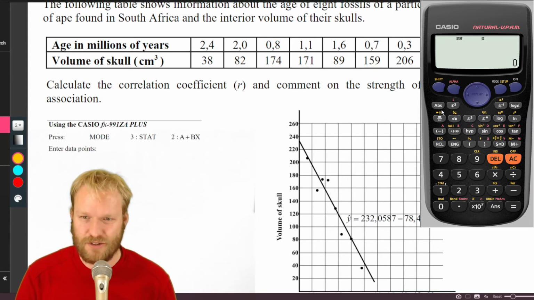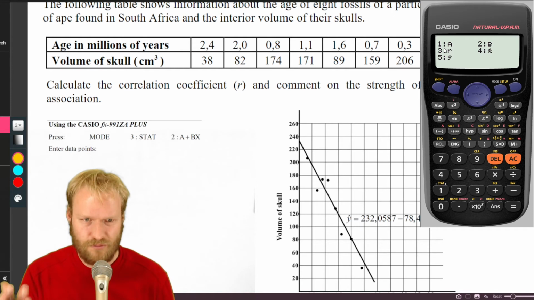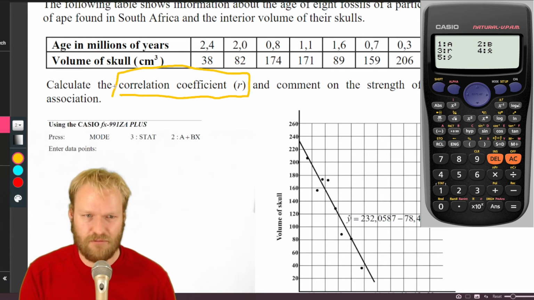And to see this, we go Shift 1, because that's where all our beloved stat stuff is. REG is our regression stuff to do with this line. If we go in there, you can see number 3 is R, and R is the correlation coefficient. R is what we saw in the previous ones, and R is going to tell us how well this straight line fits those dots in the data.